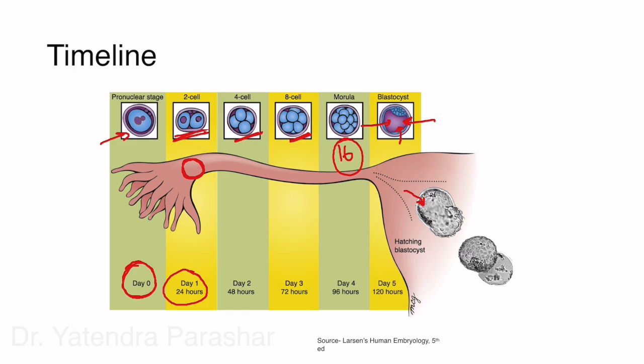Due to this expansion, the zona layer detaches or sheds from the blastocyst, and the blastocyst then hatches out from the zona and attaches to the uterine cavity or decidua.